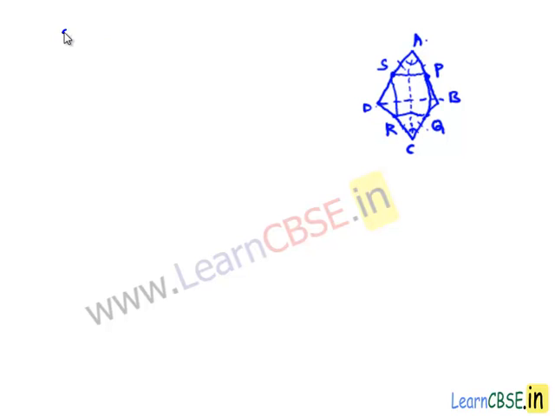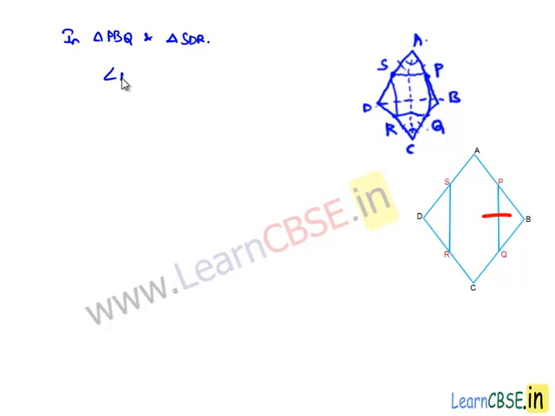Similarly, let us consider the triangle PBQ and triangle SDR. In these two triangles, angle B is equal to angle D. Since ABCD is a rhombus, opposite angles in a rhombus will be equal. Here SD is equal to BP. Since S is midpoint of AD and P is midpoint of AB, we know that AD is equal to AB, and similarly we get DR is equal to BQ.